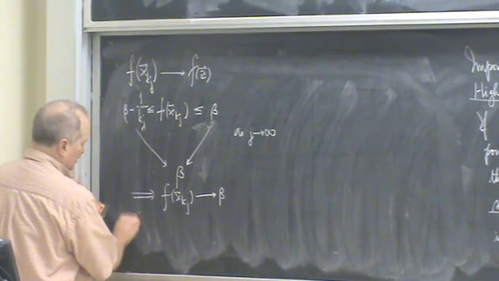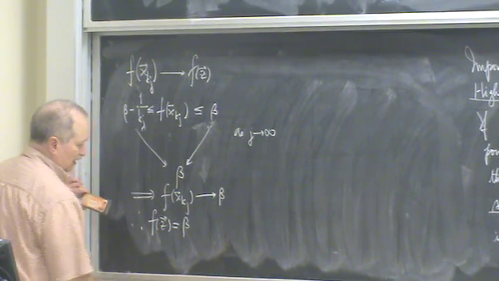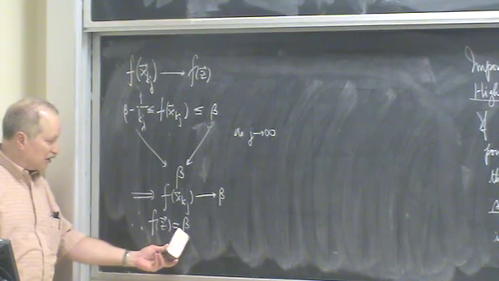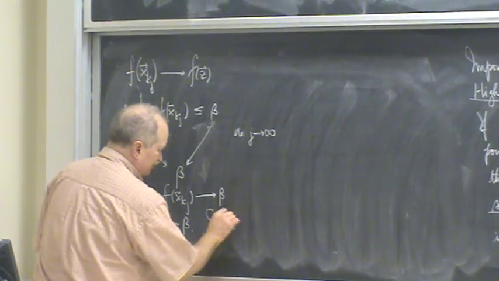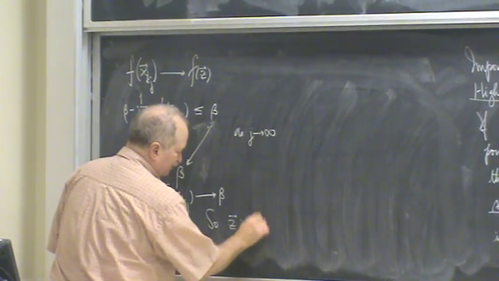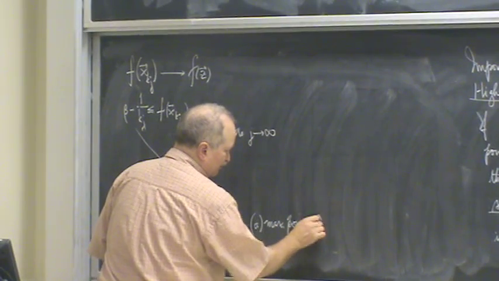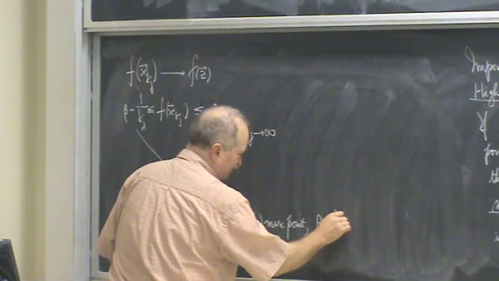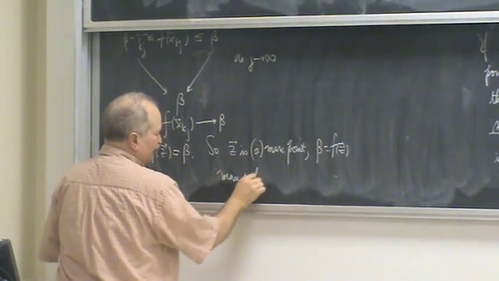So that means f of z is beta, and that is the maximum value of the function taken on at the point z. Beta is the maximum value.